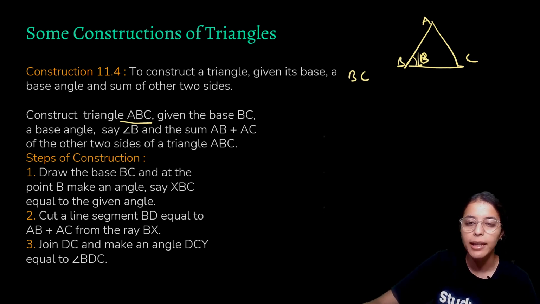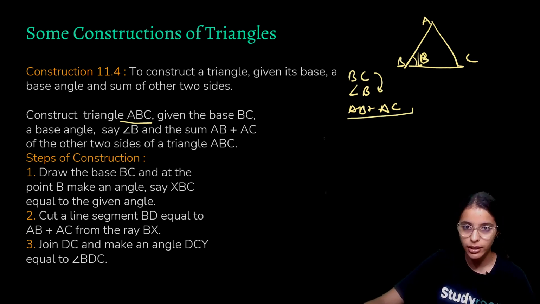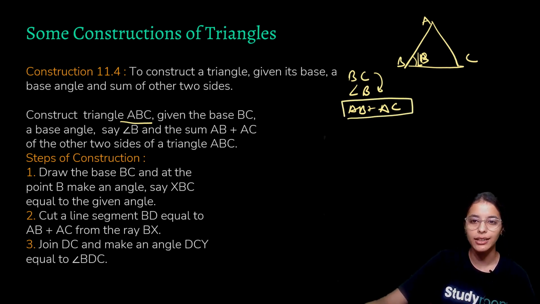Then we have our angle B, and then we have AB plus AC. Now, to construct it, we move step by step, and the steps luckily are in this order only. We first draw BC, then we'll take care of the angle B part, and then finally we'll deal with the sum of the sides part of the triangle construction.